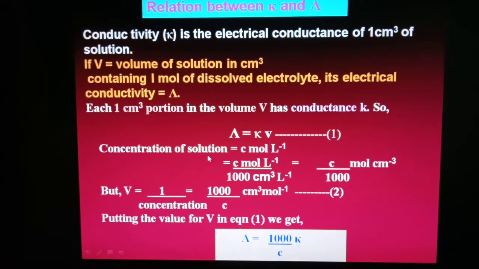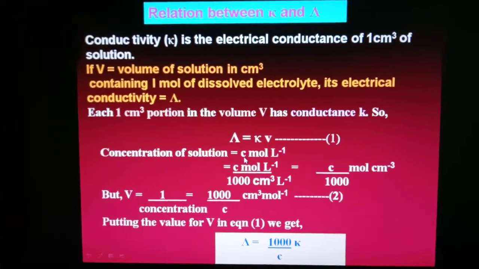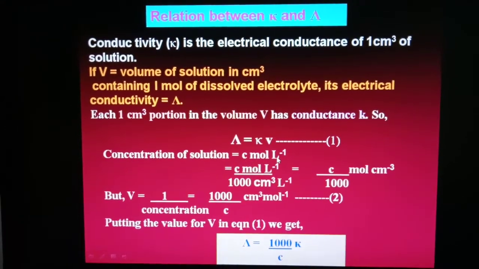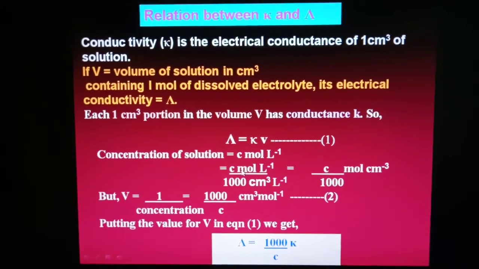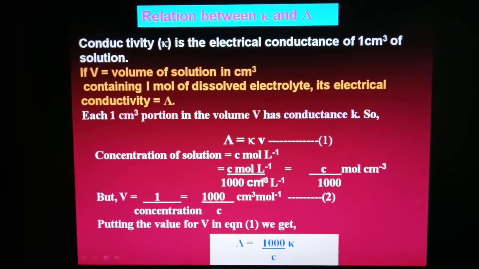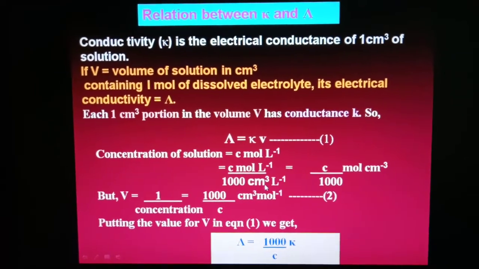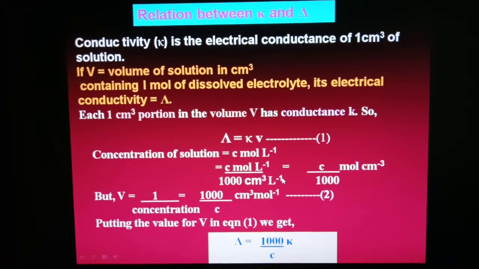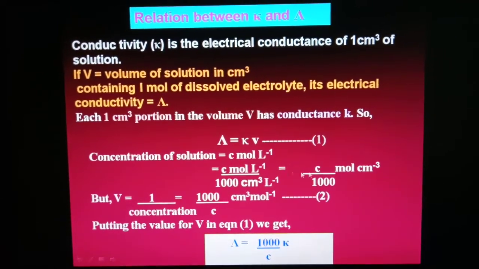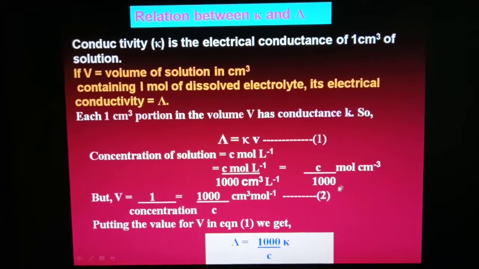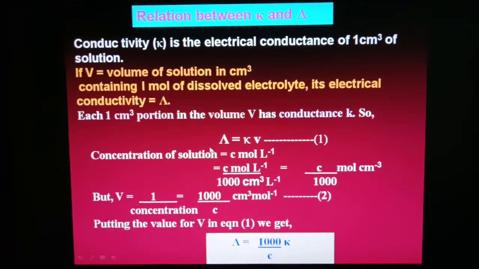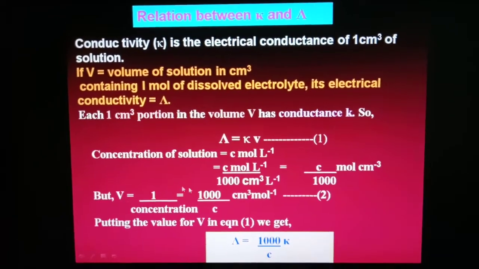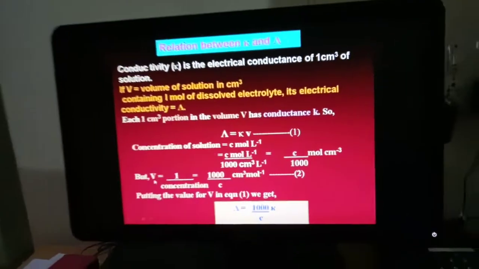We know that concentration of solution is equal to C in mole per liter. Concentration of solution can also be written as C mole per liter upon 1000 centimeter cube per liter, which is also equal to C upon 1000 mole centimeter raised to minus 3. All of us know that reciprocal of concentration is equal to V, that is volume.